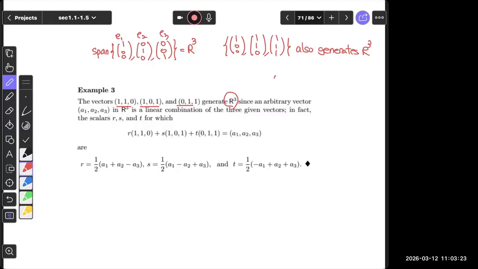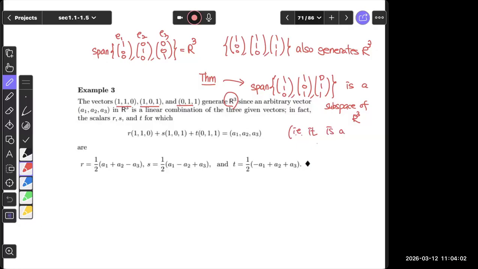From the previous theorem, the span of 1 1 0, 1 0 1, and 0 1 1 is a subspace of R3 space, right? So the previous theorem implies that this span is a subspace of R3 space.